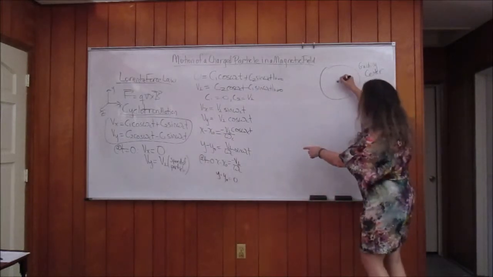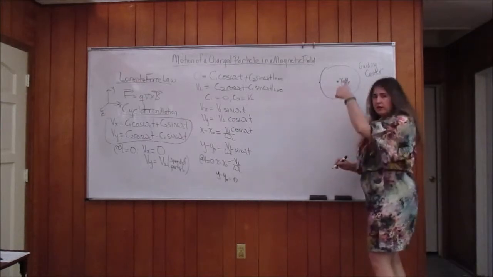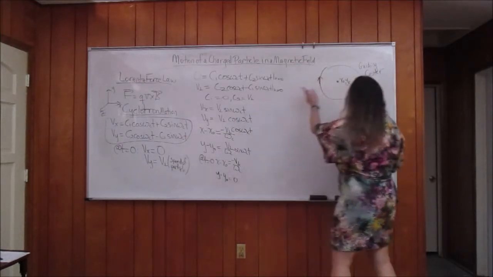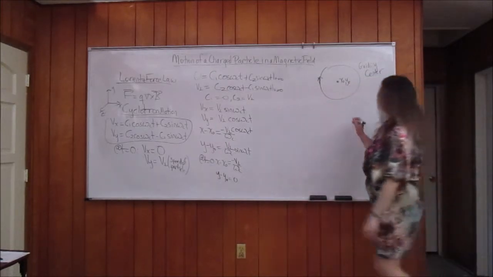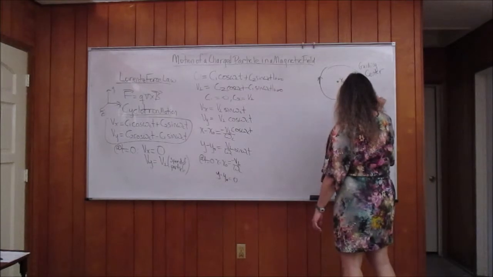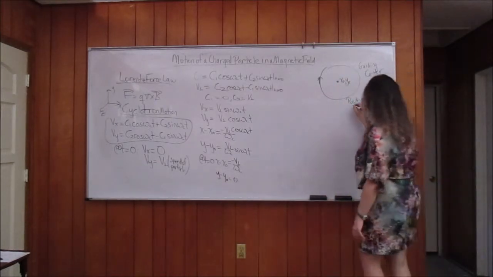So in other words, you're going to be to the left, over here. Velocity is going to be pointing upwards at this point. And this particle, positive charge, will travel in a clockwise direction.